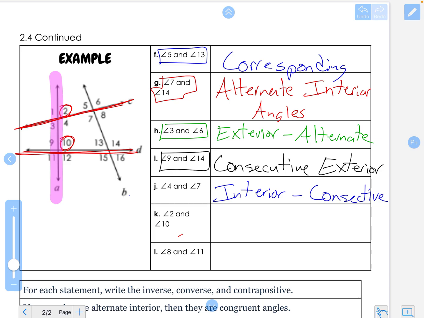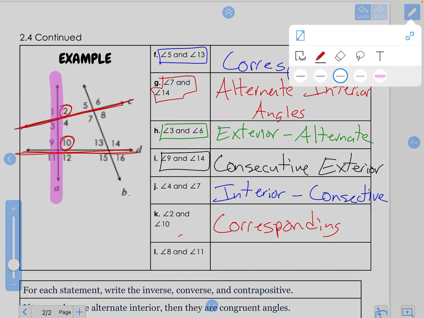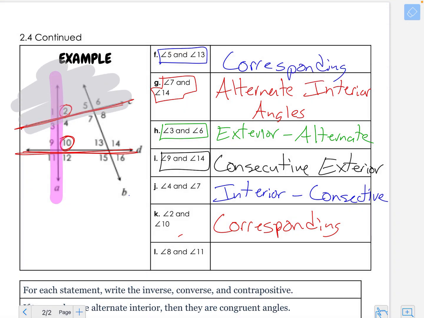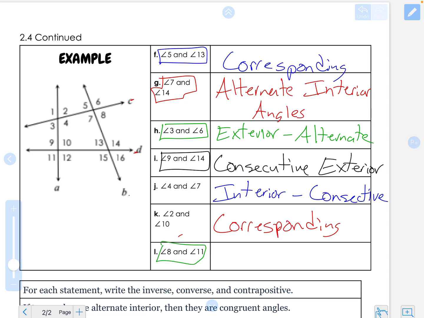They're both on the right side of the transversal, and they're both above the line that the transversal crosses. So this makes them corresponding angles because they're in the same position on the lines that cross the transversal, and they're on the same side of the transversal.